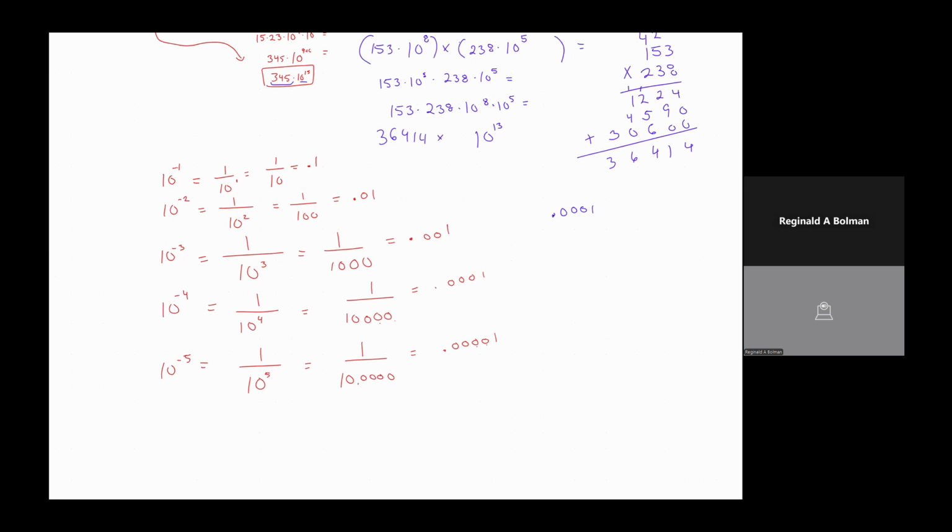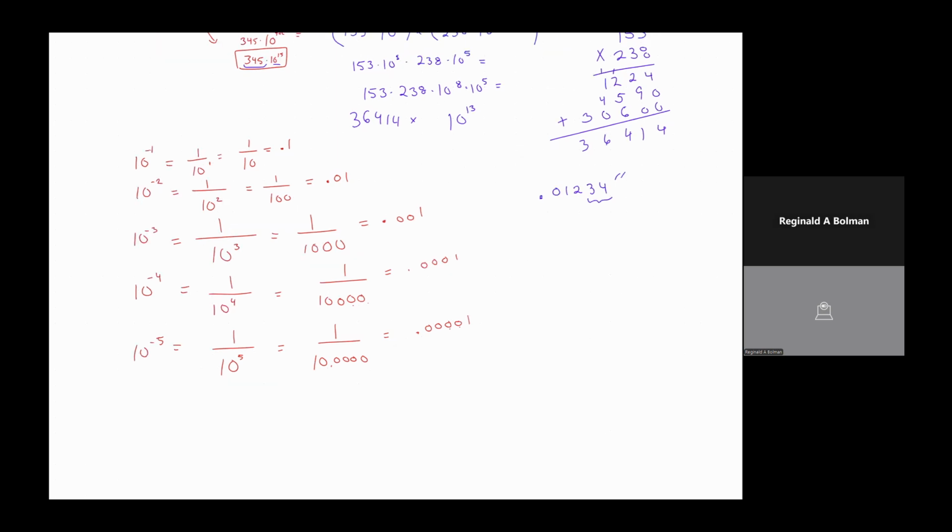So if you wrote down an engineering calculation or a calculation for a CNC machine, and it came up with this value, 0.01234 inches, because the machine itself is incapable of reading out these really, really small values, the 0.00034 value here, this really, really small 34.